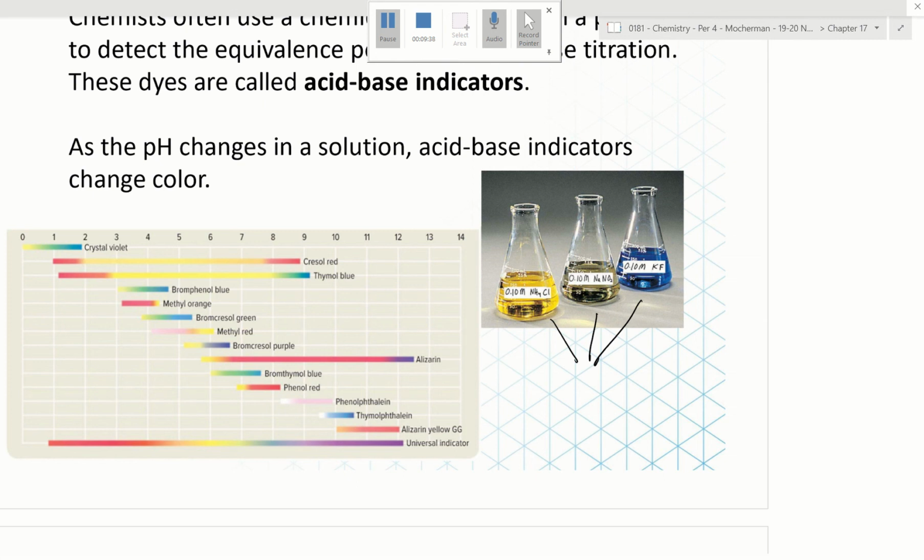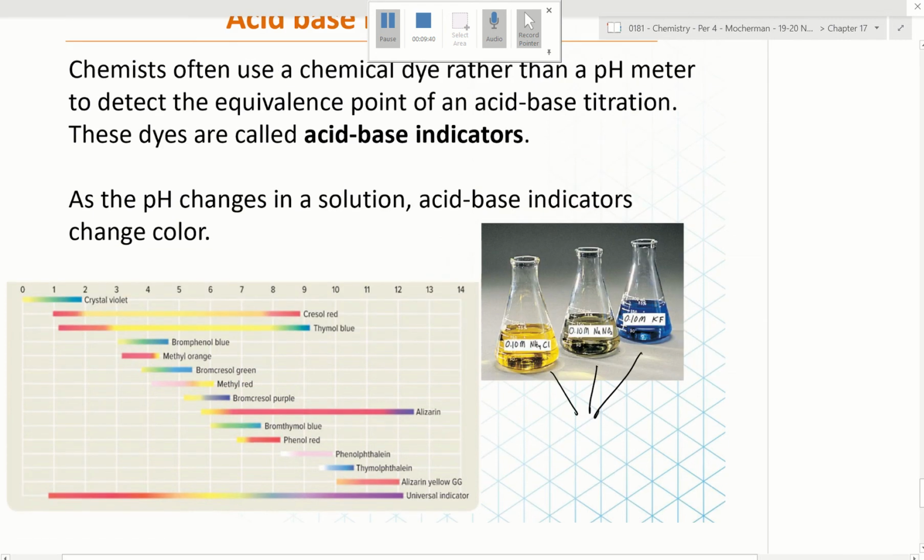So this is just a chemical dye that changes color based on the pH of the solution. There's a lot of cool chemistry in how that does that. We don't have time to talk about it, but the acid-base indicators are really common.